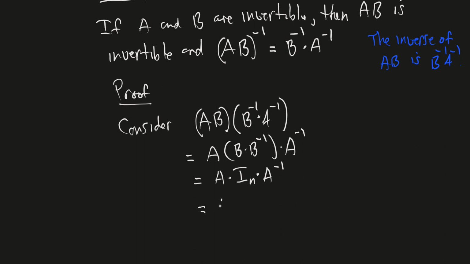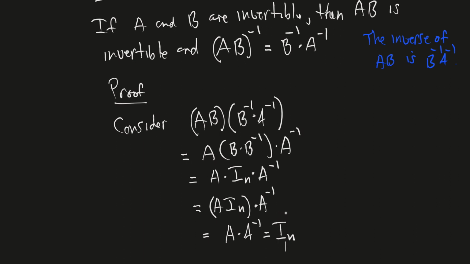If I group the first pair, then the product of A times the n by n identity is still going to be A. And then what I'm left with is A times A inverse. And again, by definition, this simplifies to the n by n identity. And that's what we would expect. If these two things are inverses of each other, then when we multiply them, the product simplifies to the n by n identity.